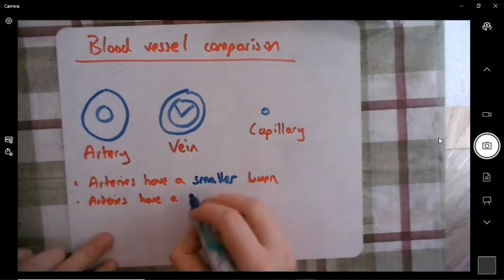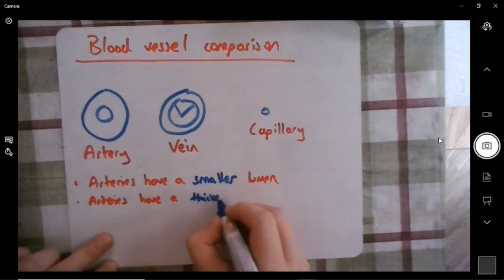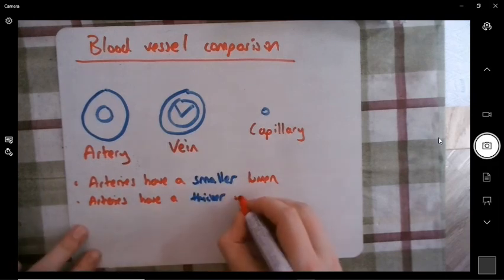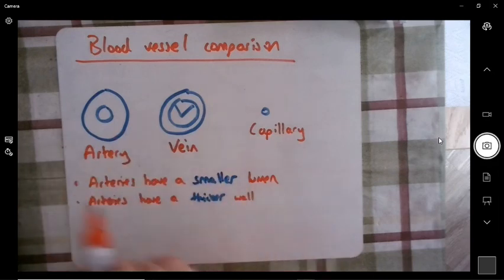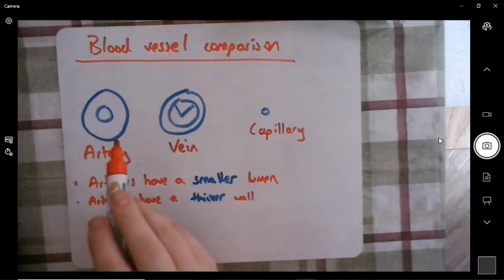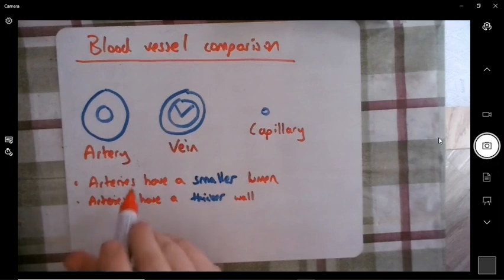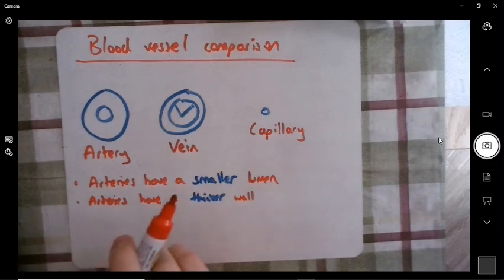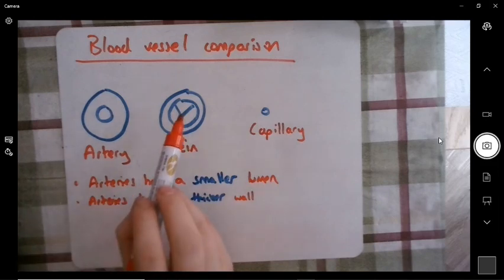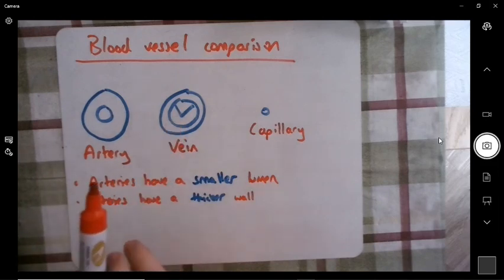So although you definitely get credit for saying it has a thicker wall, please bear in mind in your spec you should appreciate that wall is made of muscle and elastic fibres. So what you're really saying is the wall is more muscular and it has more elastic fibres compared to a vein. The other difference that students don't really tend to get structurally is they forget that veins have valves.